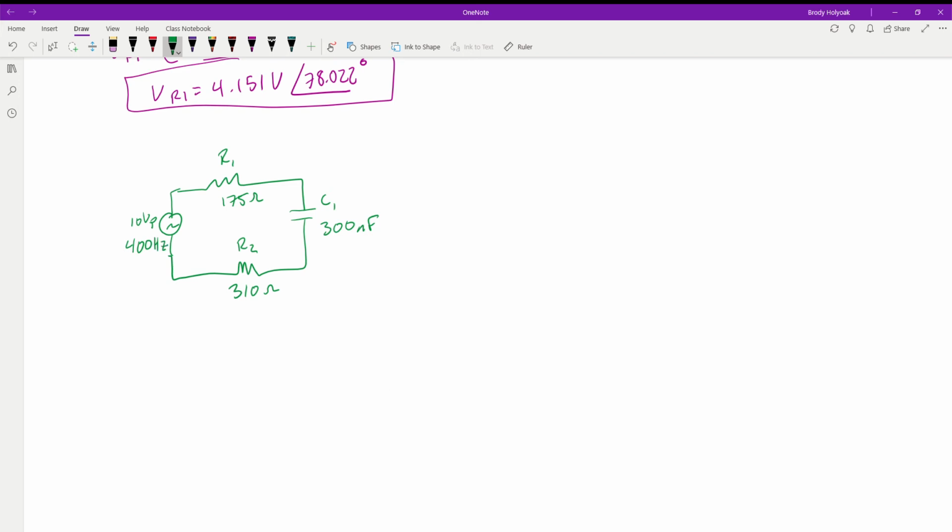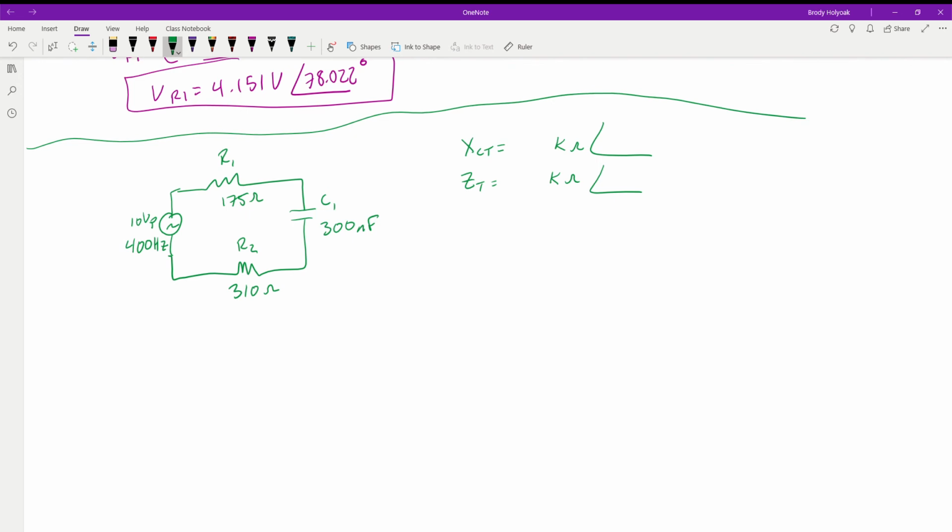And the things we're looking for, again, is going to be the standard. We're looking for our capacitive reactance total, and that's going to be in kiloohms at an angle. Our impedance total is going to be in kiloohms at an angle. We're looking for our I total in milliamps and its angle.